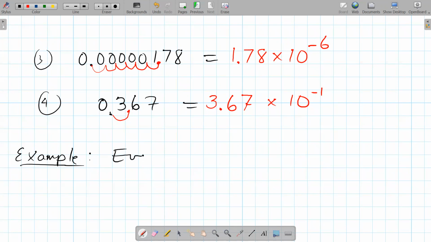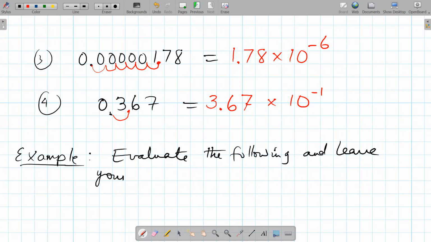Evaluate the following and leave your answer in scientific notation.